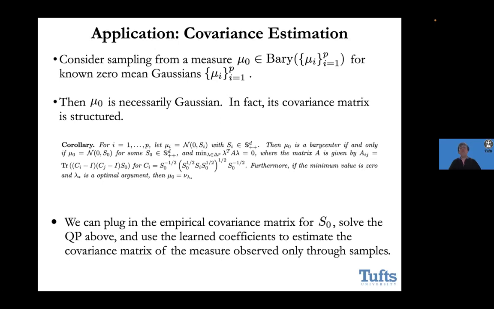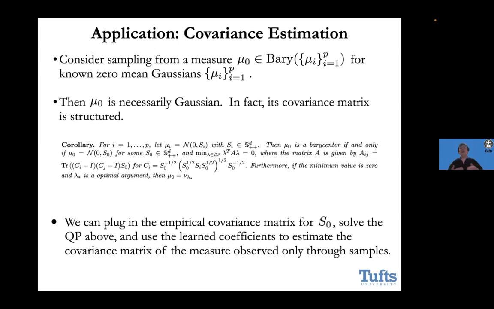So I can essentially solve the quadratic program. What I do here is compute an empirical covariance matrix given samples, and then plug that into my quadratic program to get an estimation for the barycentric coefficients. And then I return as my guess for the covariance matrix the covariance matrix of the Gaussian I get from combining my reference measures with the learned coefficients.